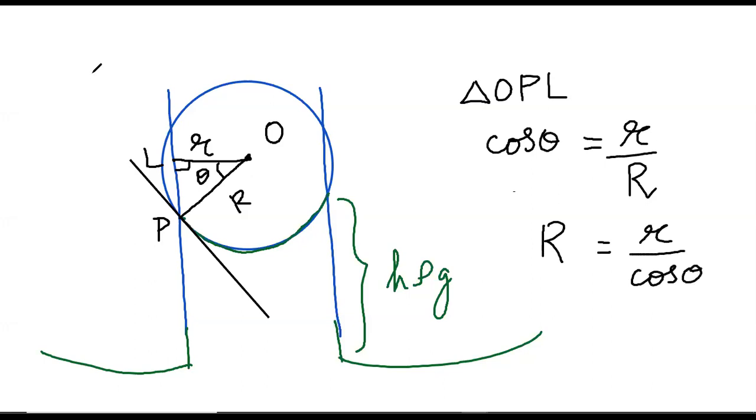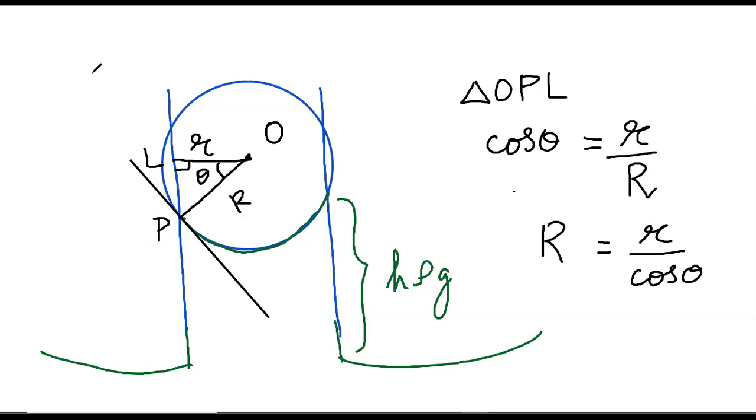Now, why did we take so much explanation to get capital R equal to r by cos theta? Because to measure capital R experimentally is going to be a little difficult, but very definitely I will know the radius of the capillary tube, because the manufacturer is going to provide me with that data.